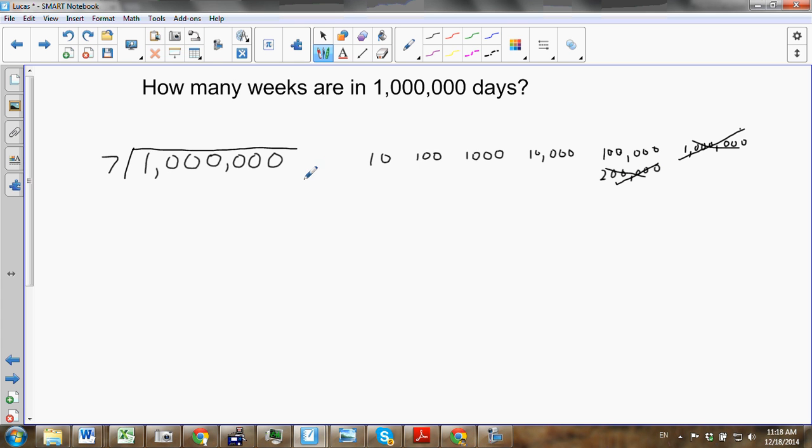So let's take out 100,000 sevens, and I'm going to write down next to it that we're taking out that many, and that is 700,000. And 1,000,000 minus 700,000 is 300,000.